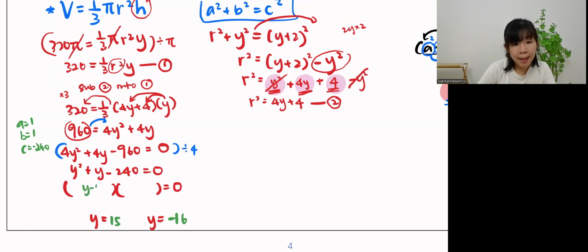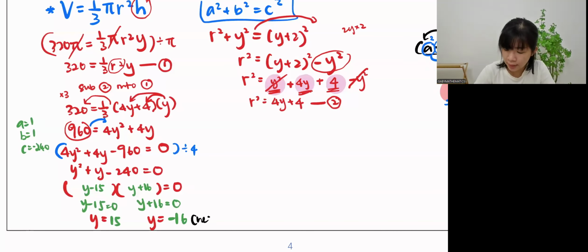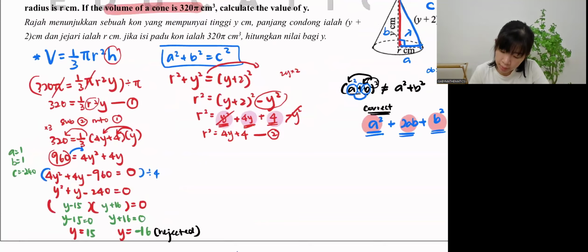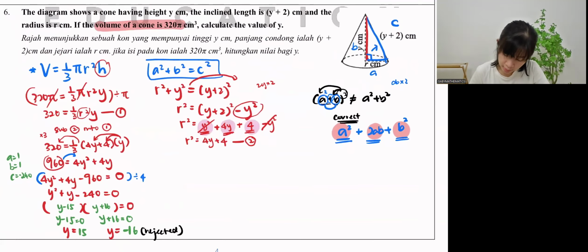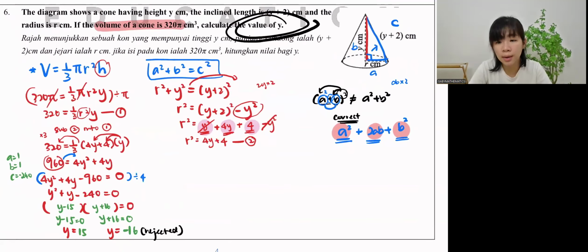So (y minus 15) equals 0, (y plus 16) equals 0. So negative 16, rejected, or you put ignore, also can. Okay, y is 15. Does the question want other things? They just want the value of y.